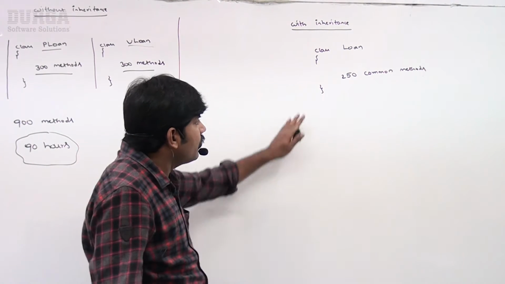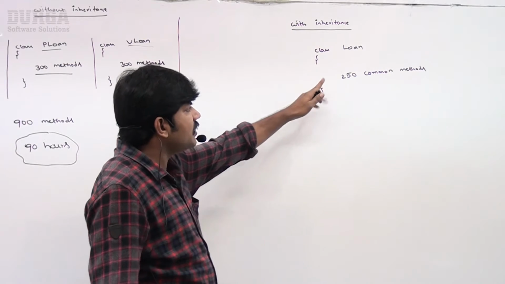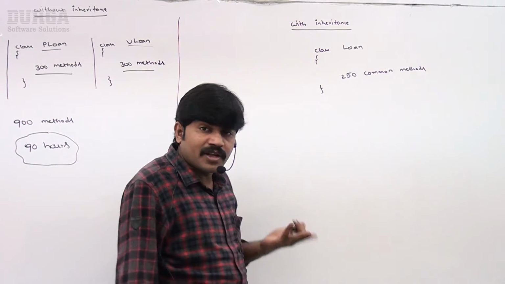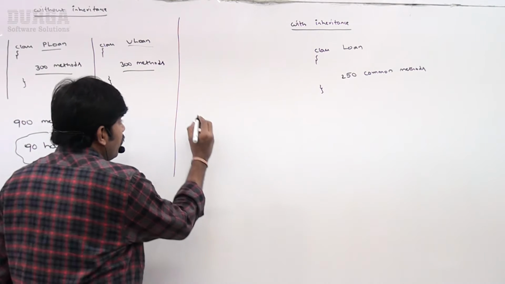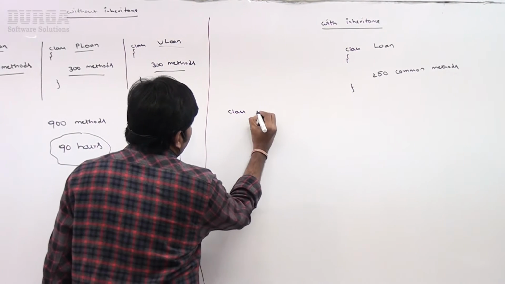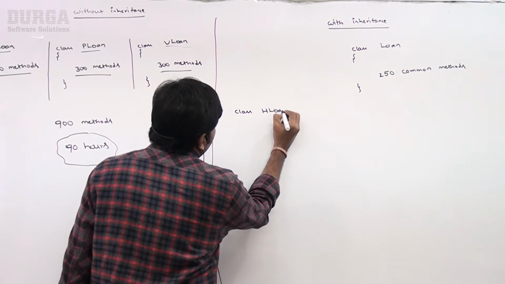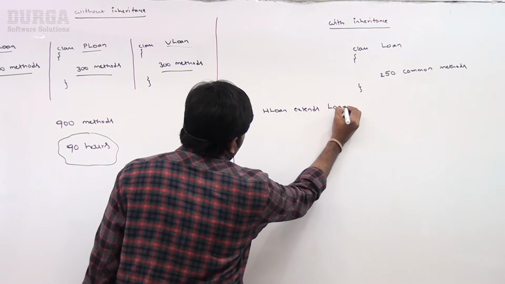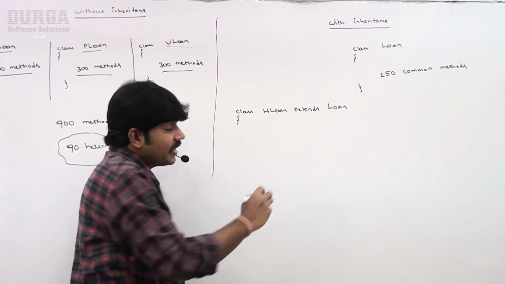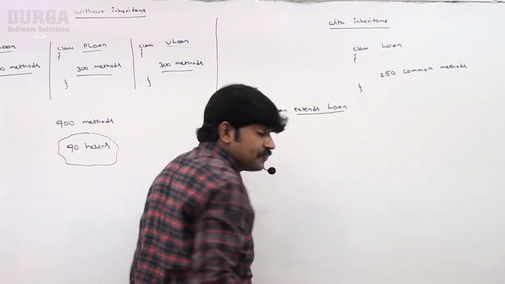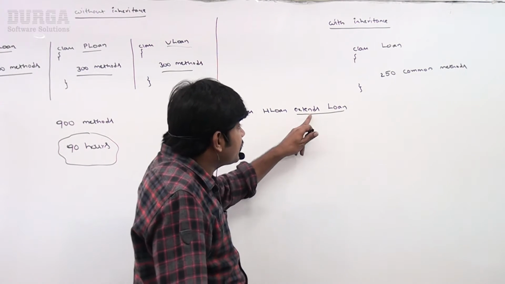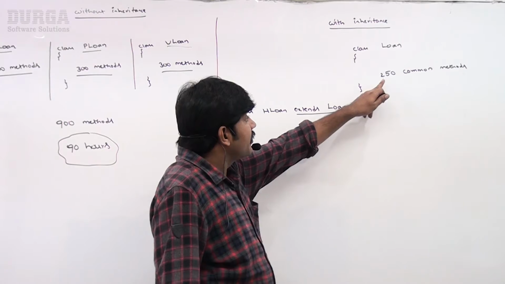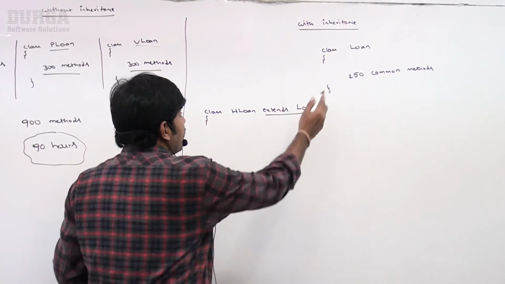Okay, now do you know, sir, these 250 common methods by default are going to come for every child, no problem at all. Now, sir, class HomeLoan extends Loan. Whenever we take extends Loan, automatically all these 250 methods by default are going to come.